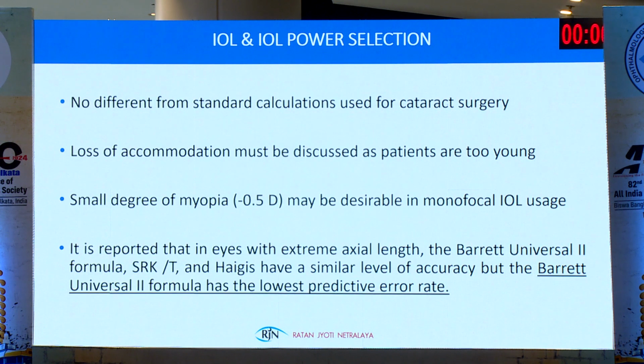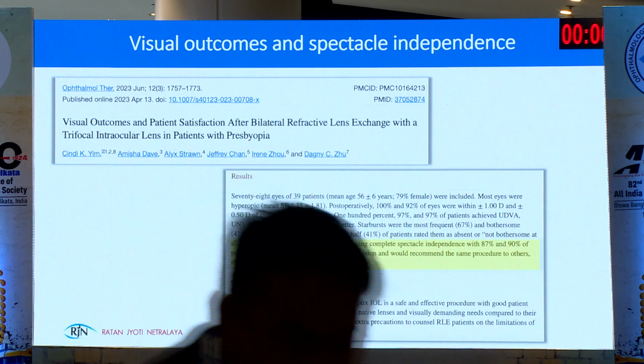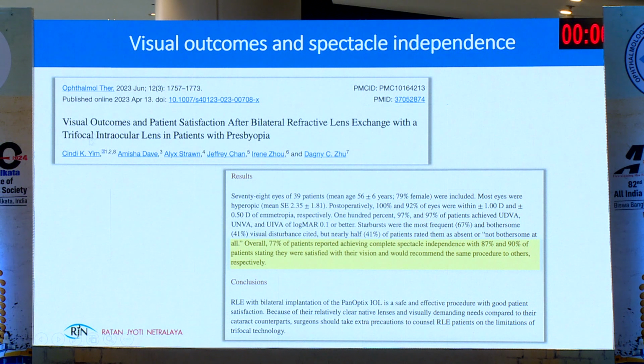For IOL power selection, we use the Barrett Universal 2 formula, which is the standard practice now in all our cases. Various studies have come. In one study published in 2023, refractive lens correction was done in 78 eyes of 39 patients. They say that refractive lens correction is possible with bilateral implantation of a panoptix IOL, and it gives good correction post-operatively.